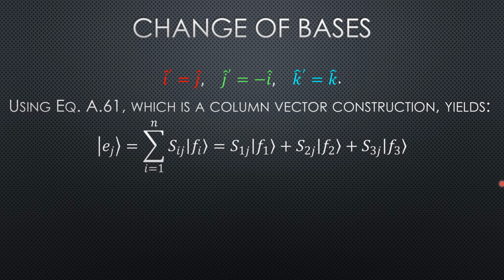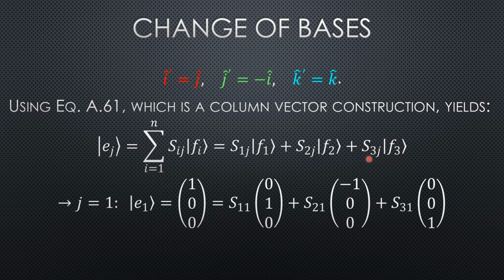We just have to use this linear combination construction, where the old basis e_j right here is constructed of the new bases with some scalar amount, which gives us the instructions on how to transform them. So to get the old bases, we need to multiply by these coefficients in order to find out what the instructions are.